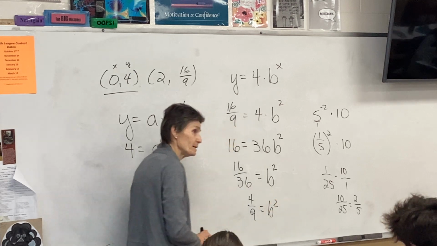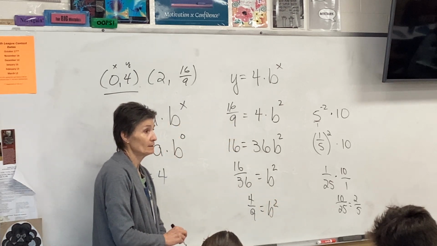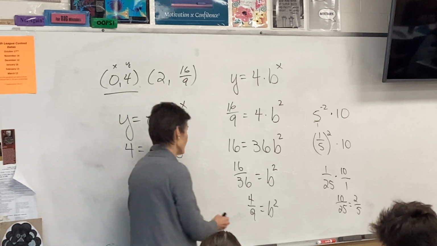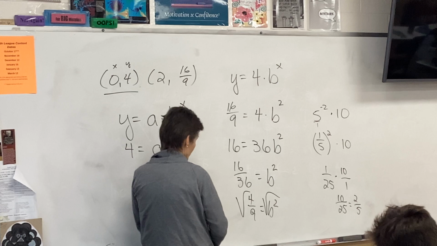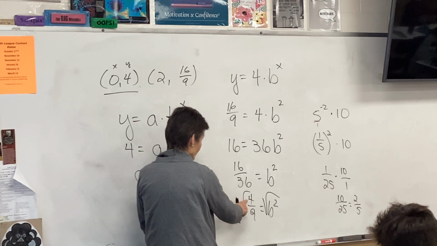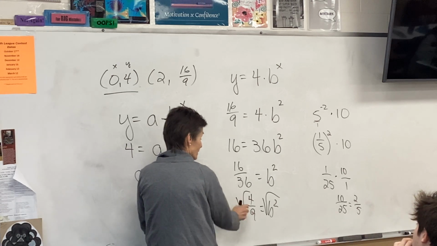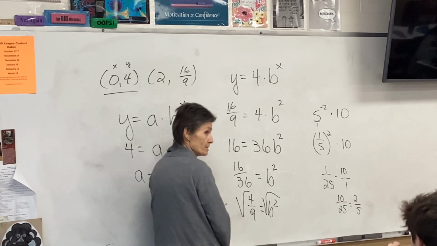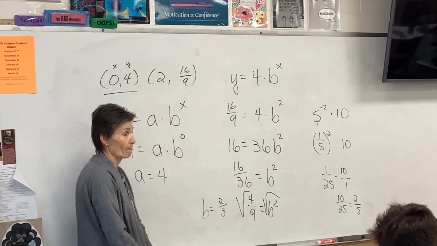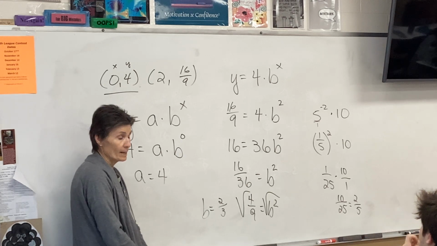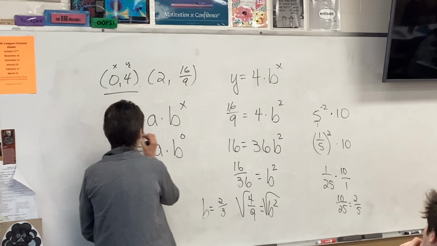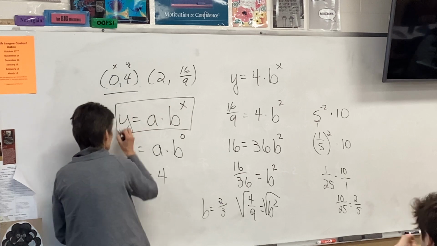And then what do we need to do? How do we find b? We do the square root. So b ends up equaling the square root of 4/9, which is 2/3. And then we write our answer, which has to look like this right here.